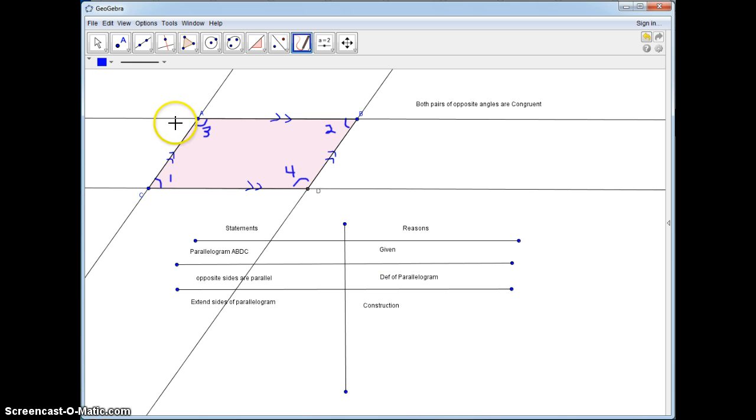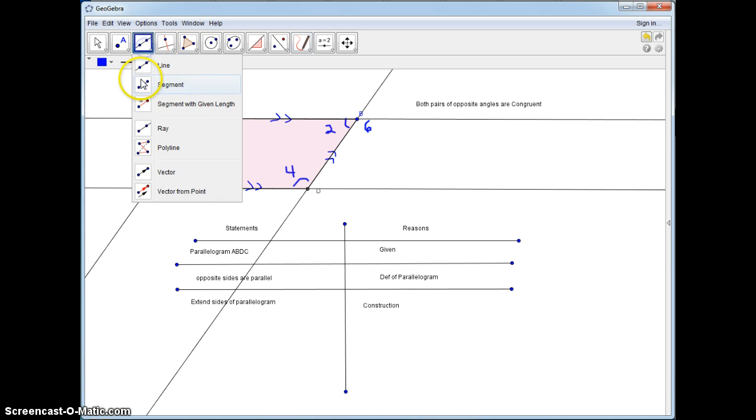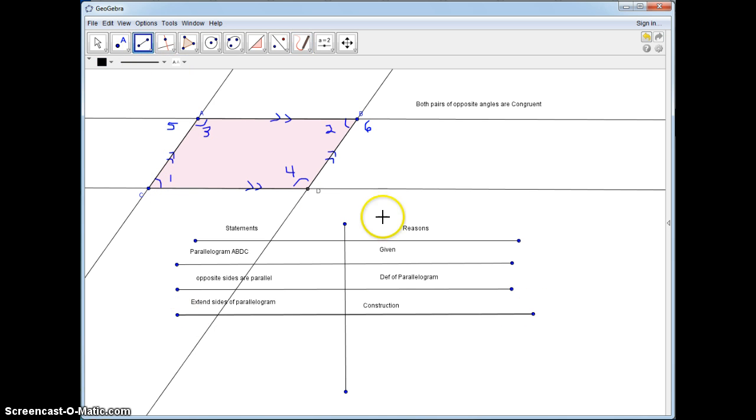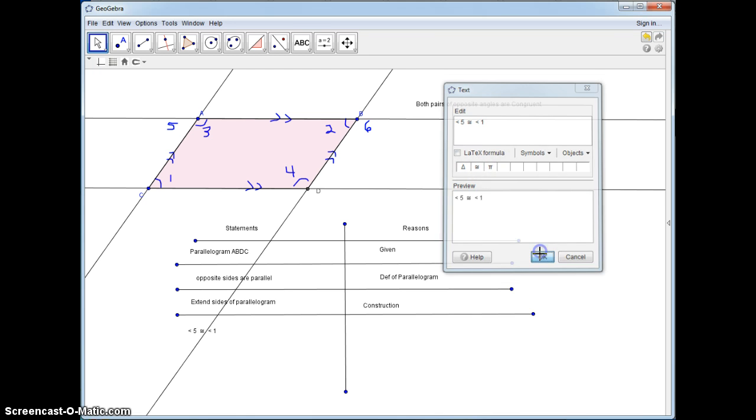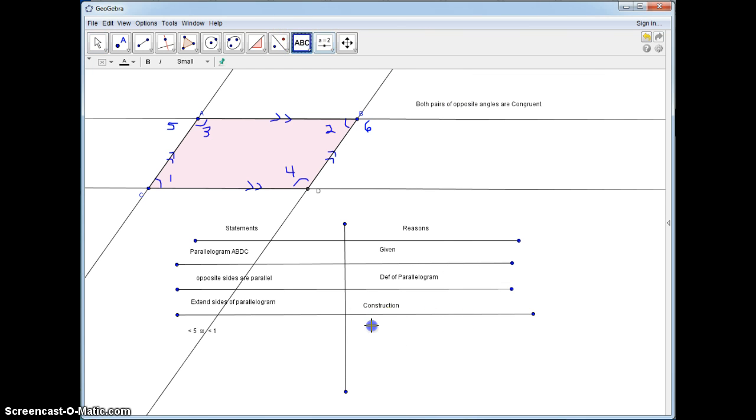We're going to mark this angle as 5 and 6. Because these lines are parallel, 5 and 1 happen to be alternate interior angles. So let me write that down. Angle 5 is congruent to angle 1 because of alternate interior angles.